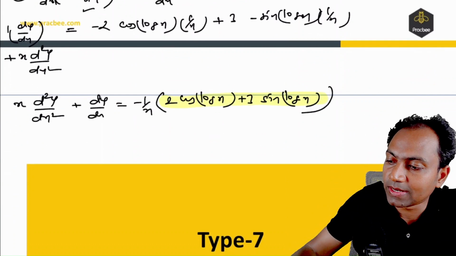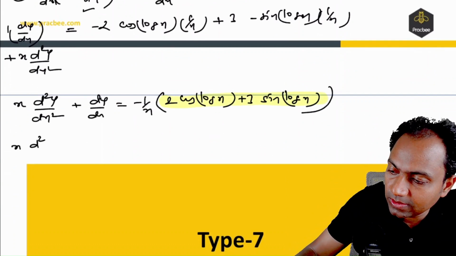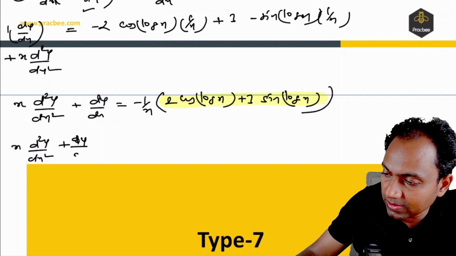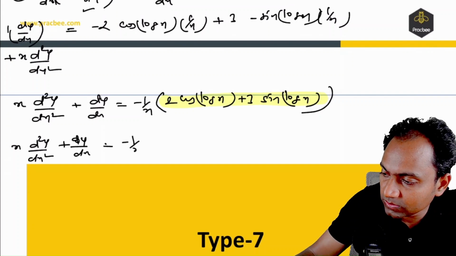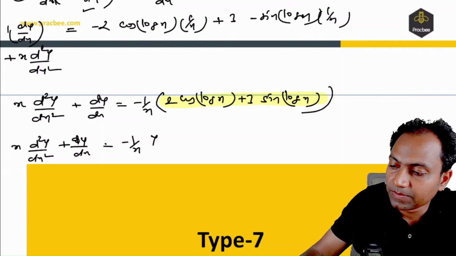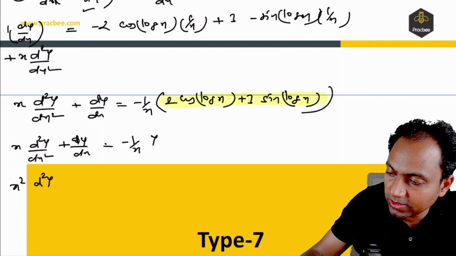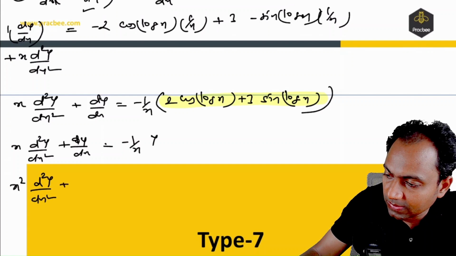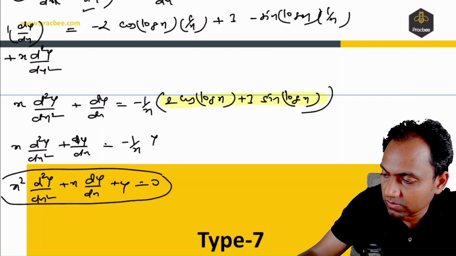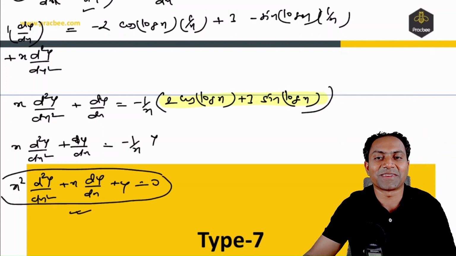If I do that, what I'm getting is x d2y by dx square plus dy by dx equals minus 1 by x into y. Simplify, so x square d2y by dx square plus x dy by dx plus y would be equal to 0. This is the answer that we are getting.